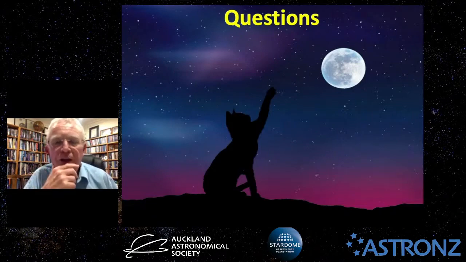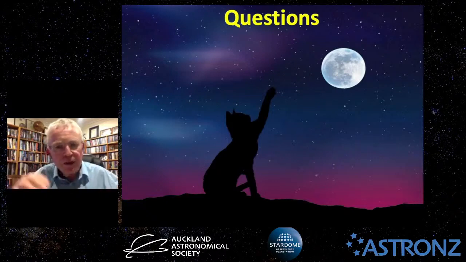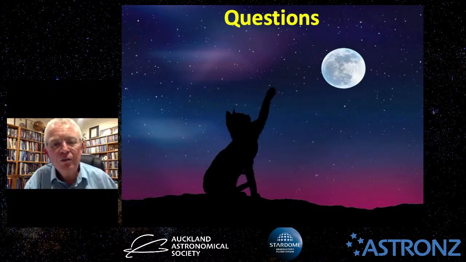Now, how that expansion has changed over the history of the universe, they can roughly measure that. They're getting better and better at that with the Dark Energy Survey. But the universe, for example, started accelerating its expansion about 4.5 to 5 billion years ago, roughly.